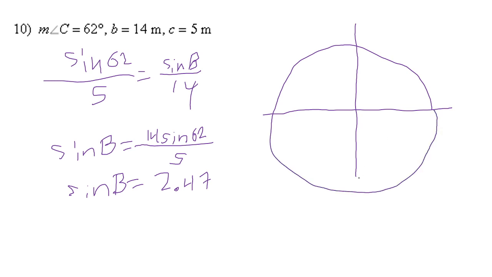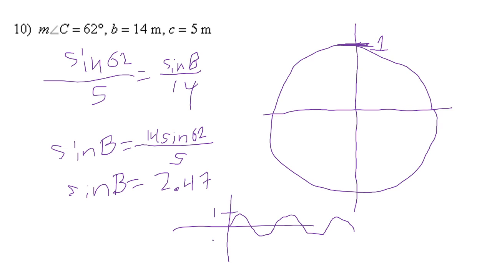Perfectly drawn circle, our maximum value here for sine is just 1. So if we try to find the angle at which sine is 2.47, that's impossible. If you think back to our sine graphs, no matter how far we go, the maximum our sine gets is 1. And that's how we know there's no triangle.